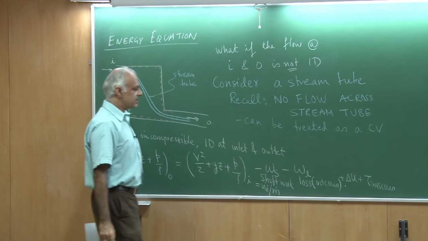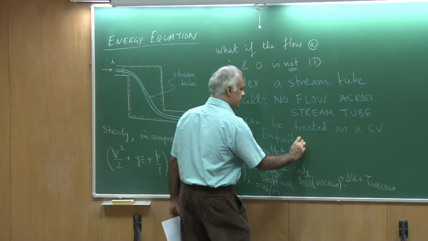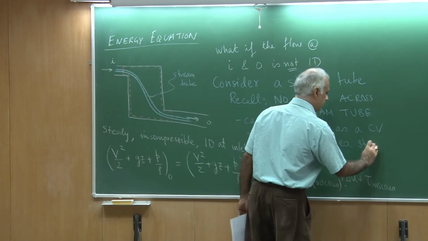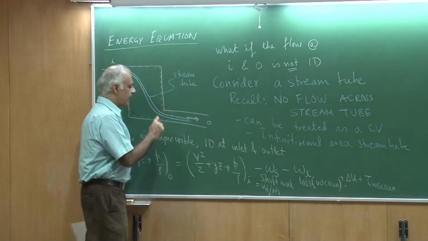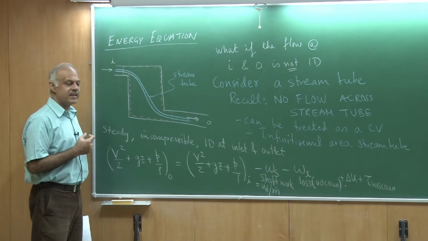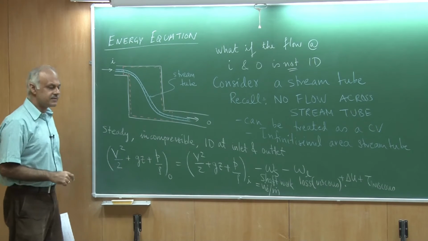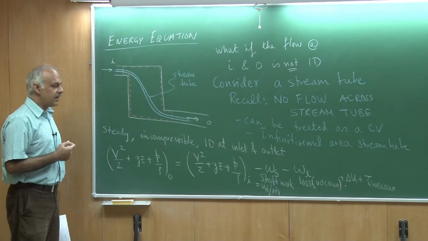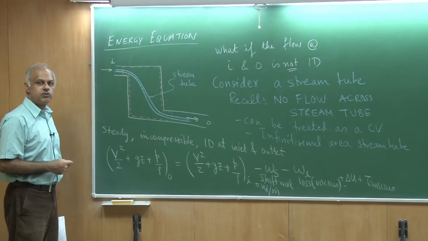Now, I could further say that this is an infinitesimal area stream tube. Instead of taking a thick stream tube, I consider a thin stream tube which has a very small area, maybe an area dA, a small area at the inlet and a small area at the outlet. Because the area is small, I can now assume that the properties across this stream tube do not vary.